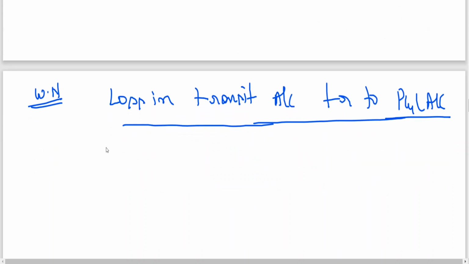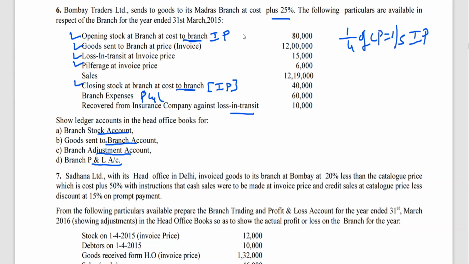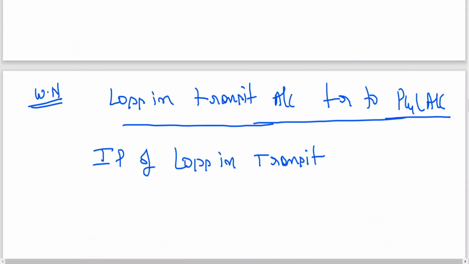So first here I am writing the invoice price of loss in transit. I think it has been given as 15,000. Less loading.